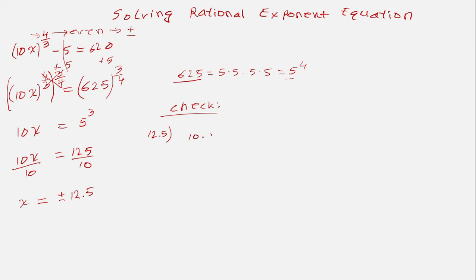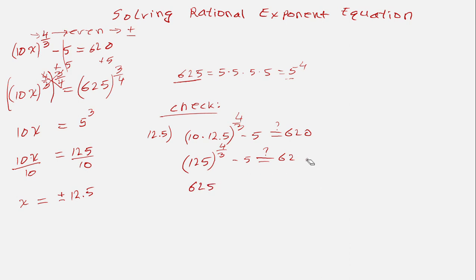So 10 times 12.5, raised to 4/3, minus 5, is that equal to 620? 10 times 12.5 is 125, and then raised to 4/3, minus 5, is that equal to 620? Now again we can say, well, cube root of 125, which is 5, and then 5 to the 4th is 625.